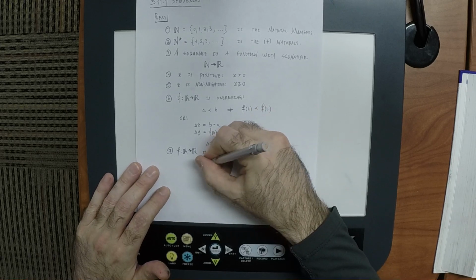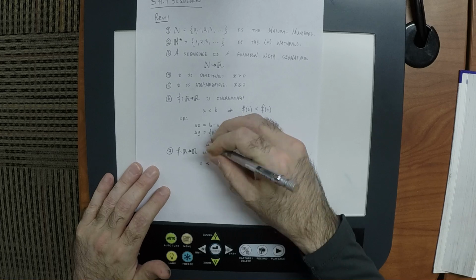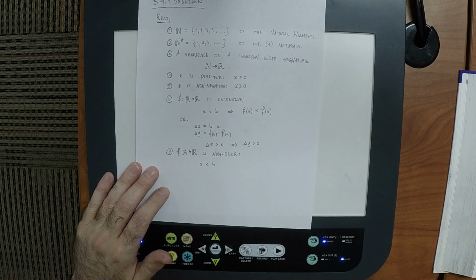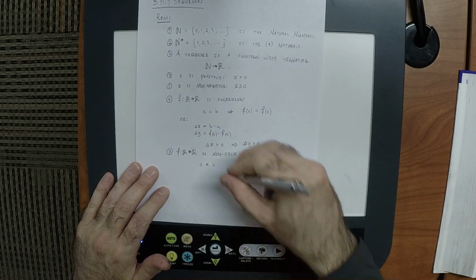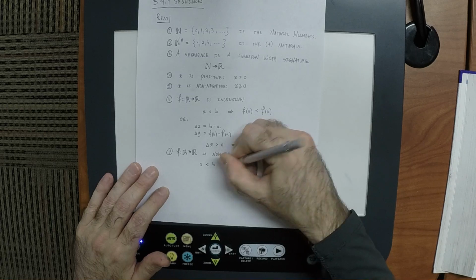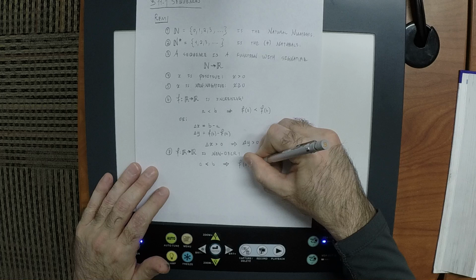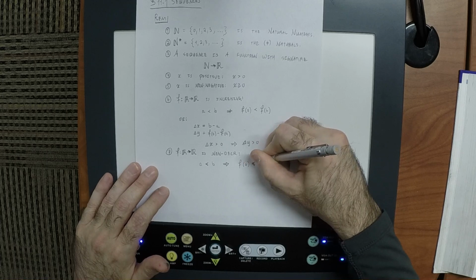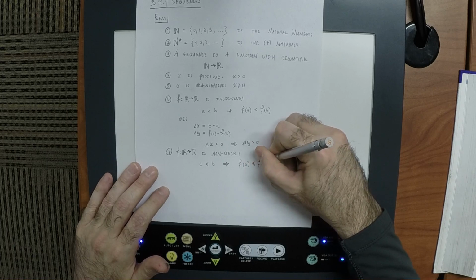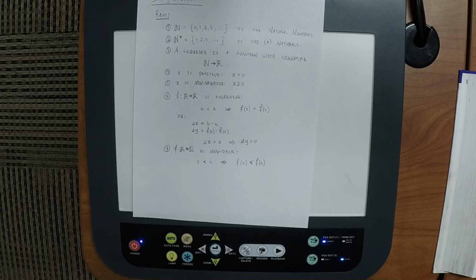It's saying that if you move to the right, that means you might have gone up, or you might have not gone up. That'd be fine too. But you couldn't have gone down.